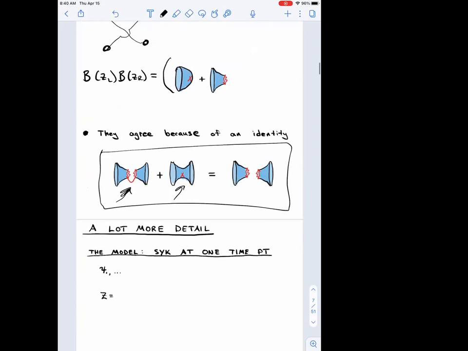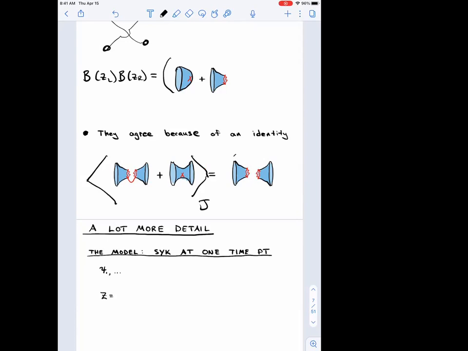Sorry, can I ask a question about the identity that you have down there? Is there some sense in which the wormhole is like the diagonal part? Are you summing over the half wormholes? Is the wormhole like the diagonal piece of that? Well, the simplest statement here is that the wormhole is the average piece. So if we take this identity and average it over the couplings, then it turns out that this averages to 0.